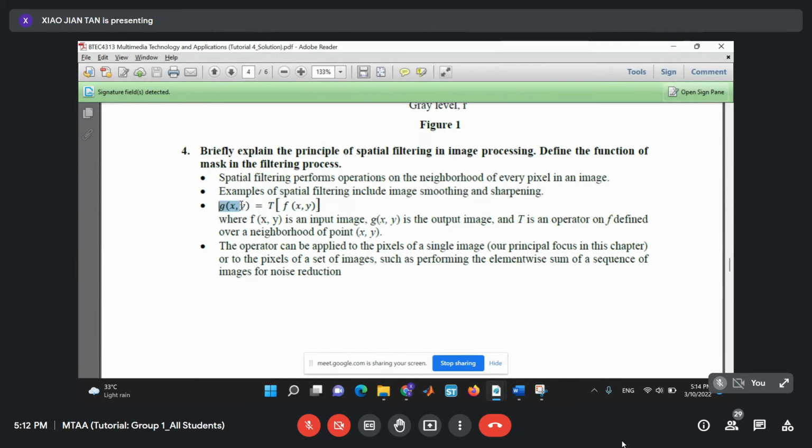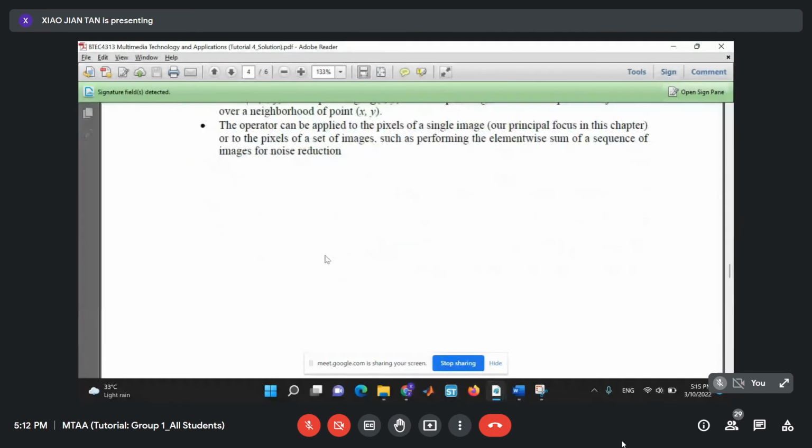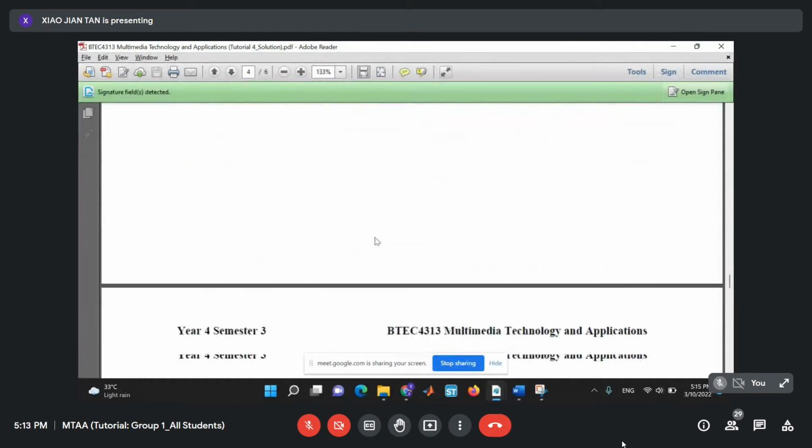So f(x,y) is an input image, g(x,y) is the output image, and T is an operator on f defined over a neighborhood of point (x,y). The operator can be applied to the pixels of a single image, which is our principal focus in this chapter, or to the pixels of a set of images, such as performing the element-wise sum of a sequence of images for noise reduction. So you have different applications.